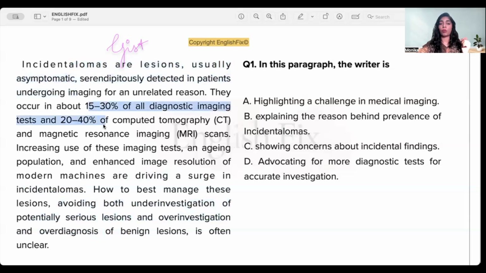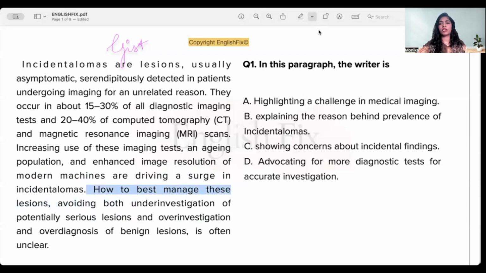I told you how common they are. Then I told you that these incidentalomas are being diagnosed more and more. We're not saying that they are increasing more and more, but rather that they are being diagnosed more and more. And right now we have a problem. What is the problem? The problem is that we want to manage these. How to best manage these incidentalomas. That's what we have here.